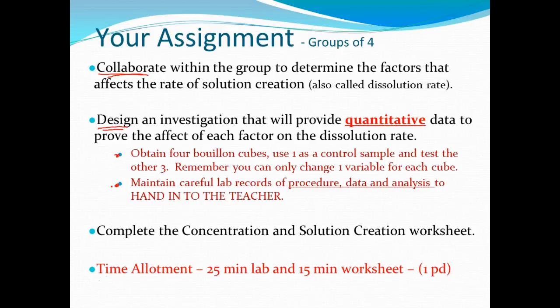And what you're trying to figure out is, how can I get quantitative data, that means data with numbers, that show if I change certain variables, things will dissolve faster. Again, these 4 Boyden cubes, make sure one is used as a control, test the other 3, make sure you have lab records to turn in.